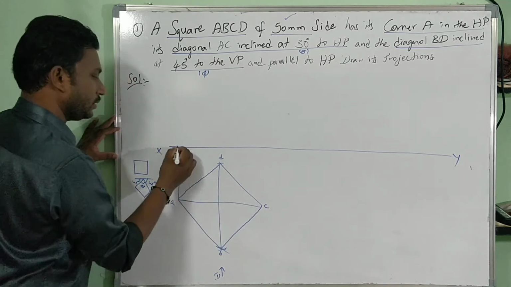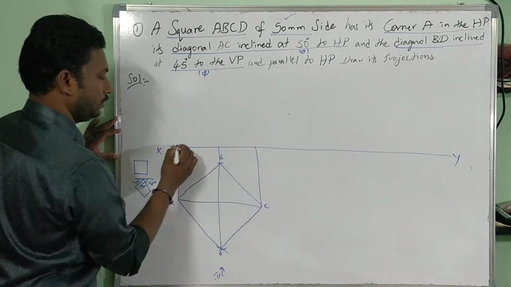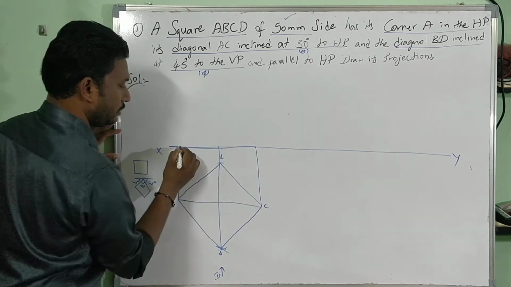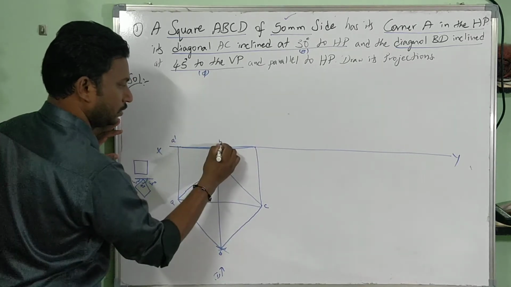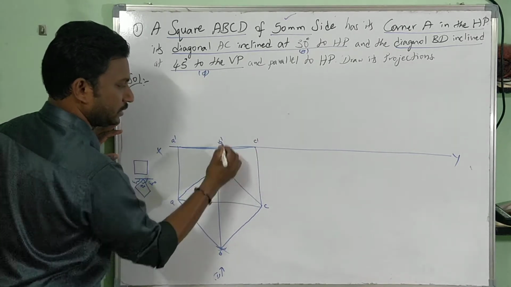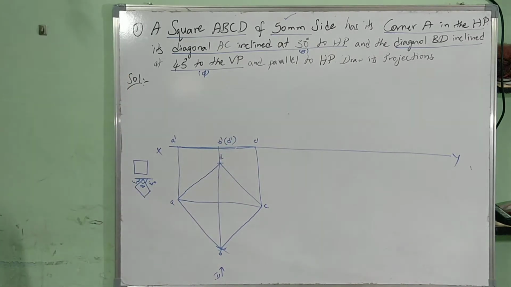So try to project A, B, C. Draw one more line here. This becomes A dash, B dash, C dash, in brackets D dash. This is step 1. Step 1 we have completed successfully.